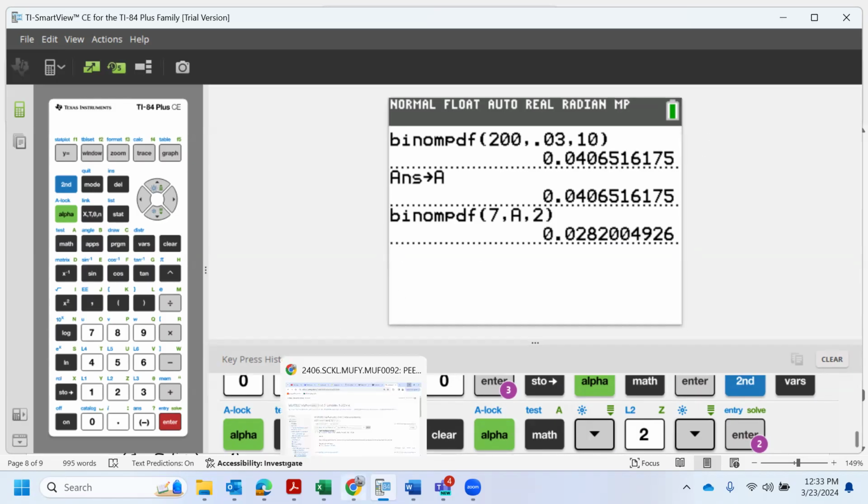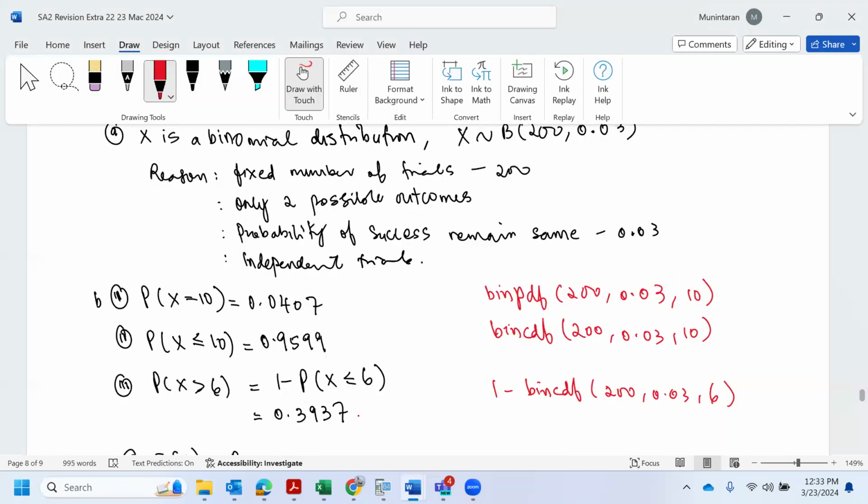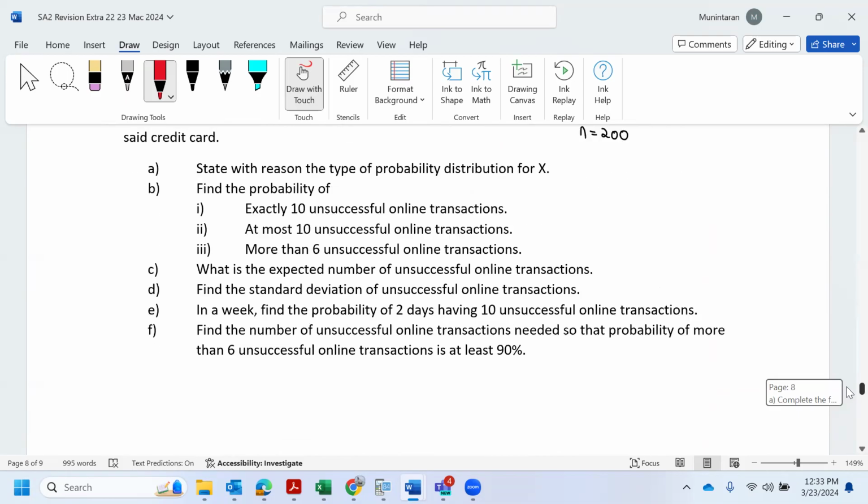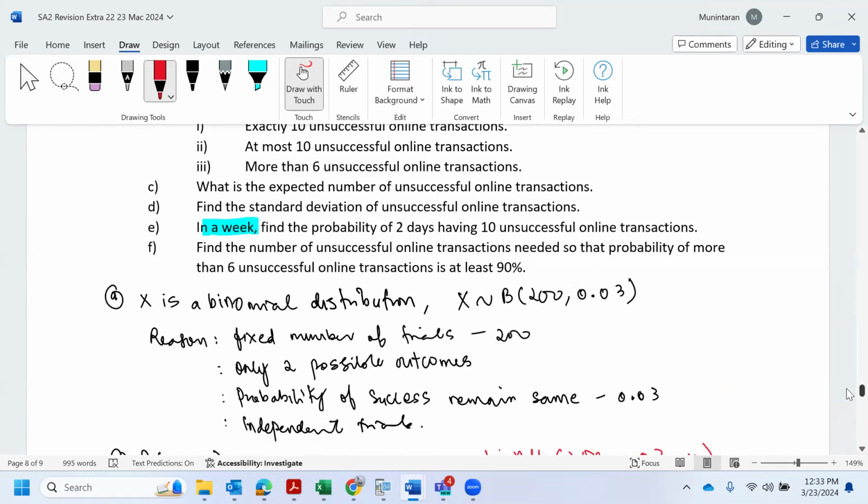Okay, we are at the last part, and it is a bit interesting. We're going to use the formula calculation using log or ln. Find the number of online transactions needed so that the probability of more than 6 unsuccessful online transactions is at least 90%.